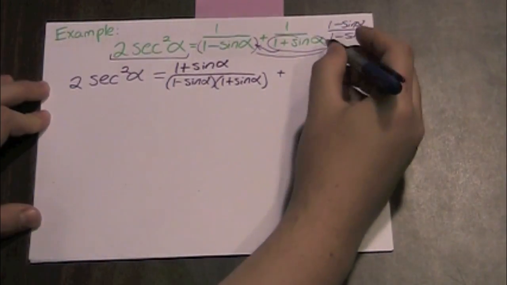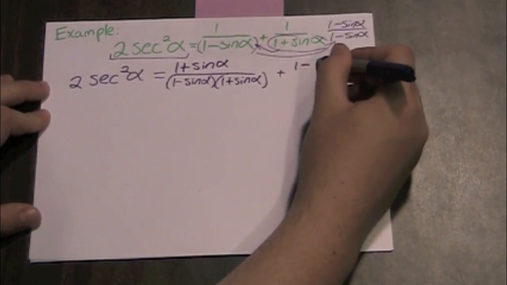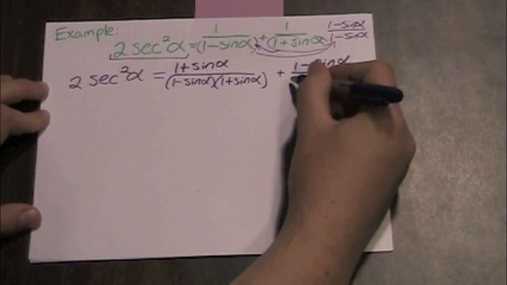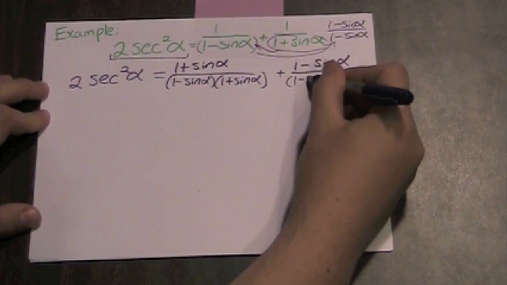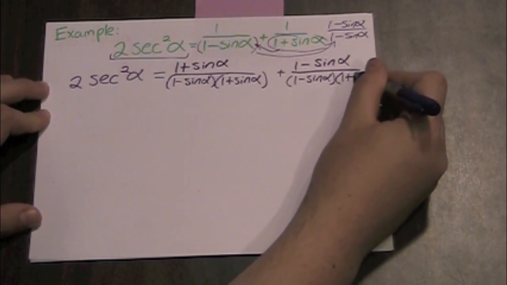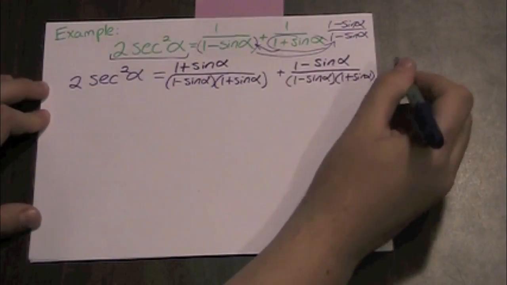And our right fraction becomes 1 minus sine alpha over 1 minus sine alpha times 1 plus sine alpha.